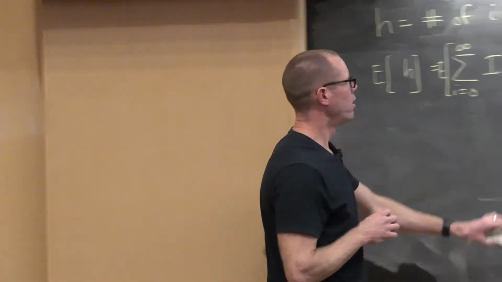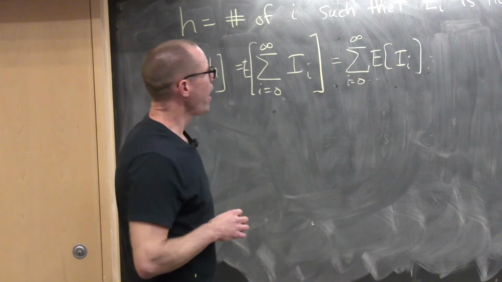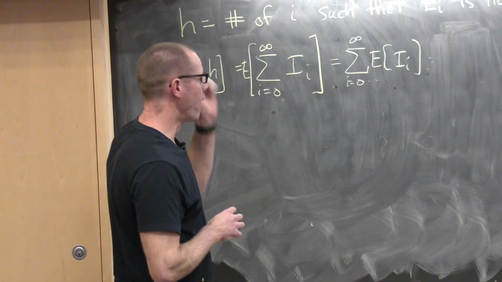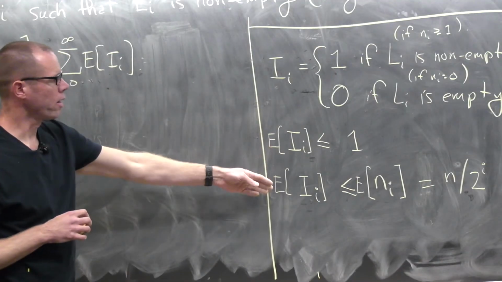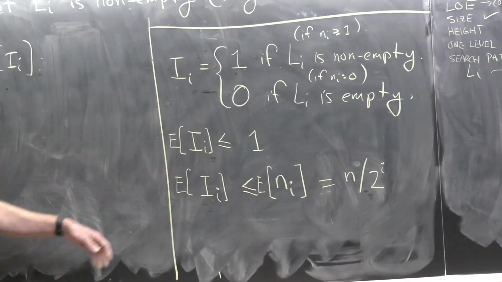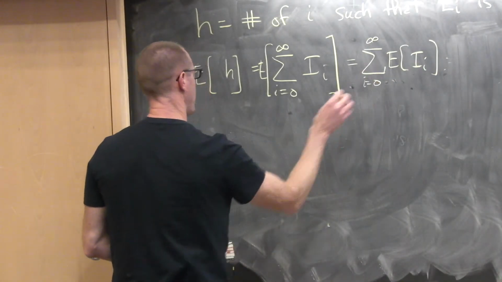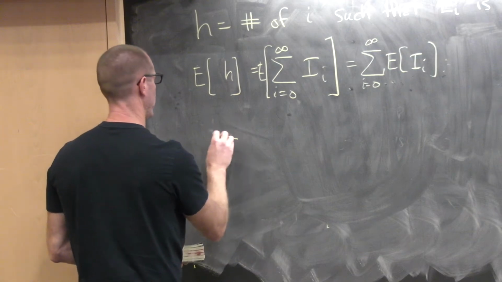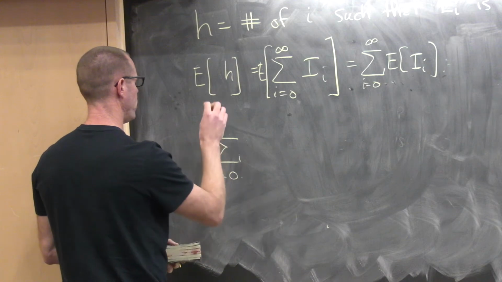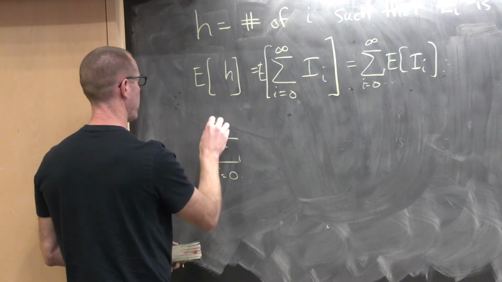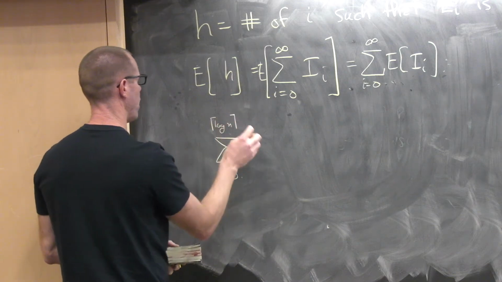So now, all we have to do is take this equation and split it into parts where in some parts we apply this inequality when it's good, and in other parts we apply this inequality. So here we go. This thing, we can take this sum, i equals 0 up to, let's say, the ceiling of log n.